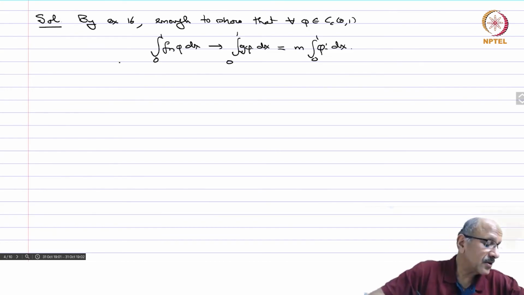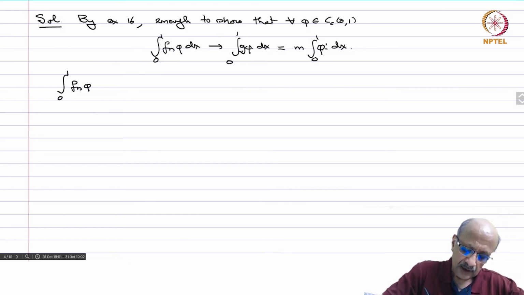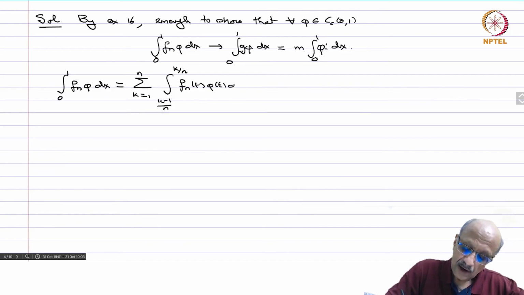So, okay, let us compute this integral. Integral from 0 to 1 of Fn phi dx, that I am going to split into the various intervals. So, sum over k equals 1 to n of integral from (k-1)/n to k/n of Fn(t) phi(t) dt.